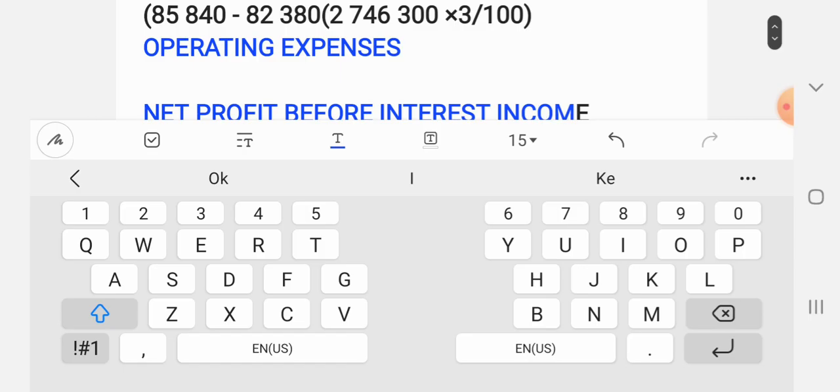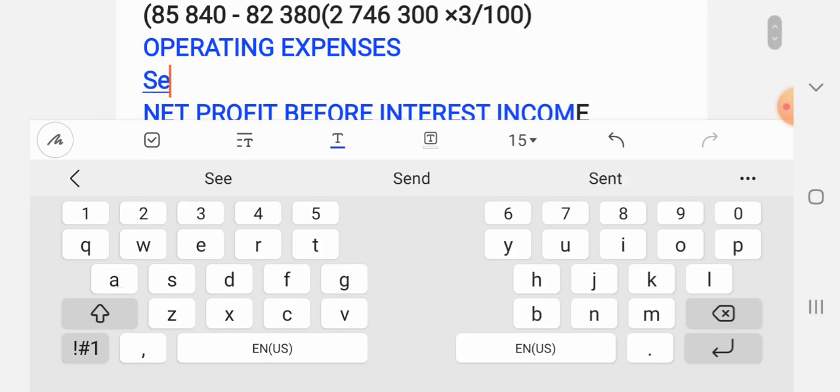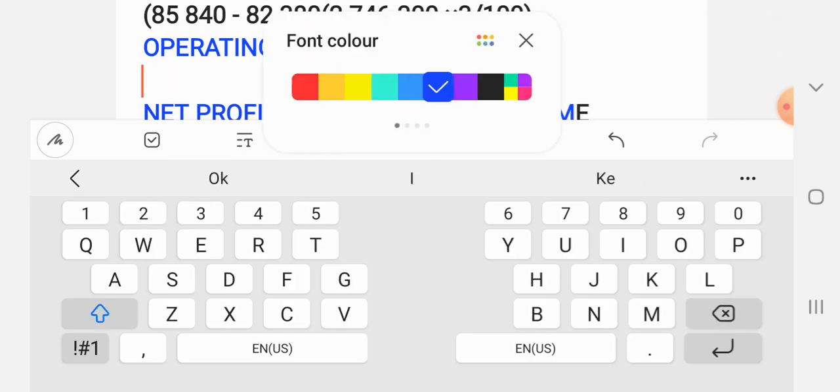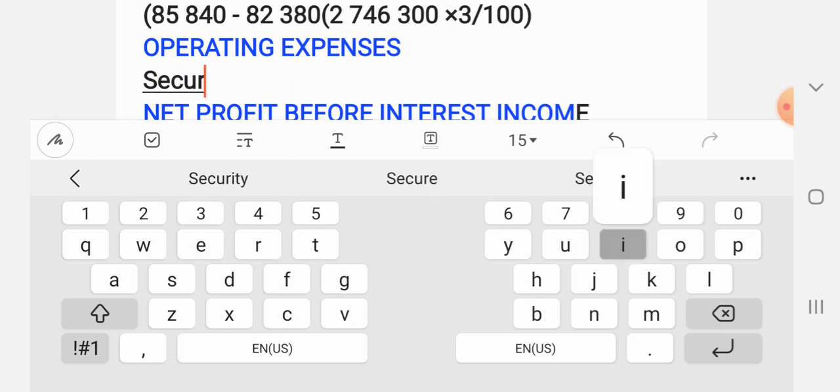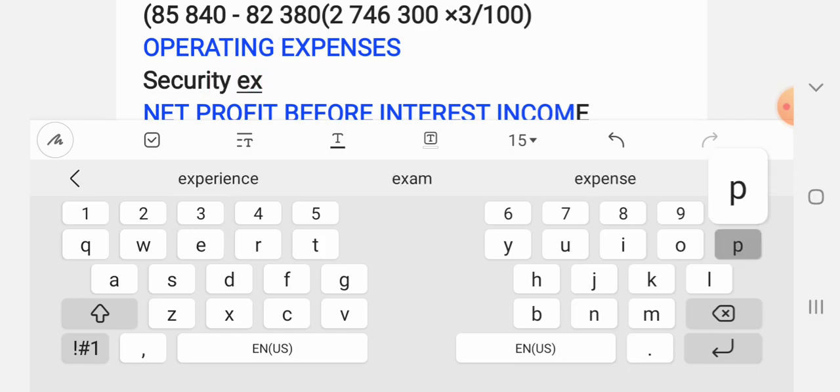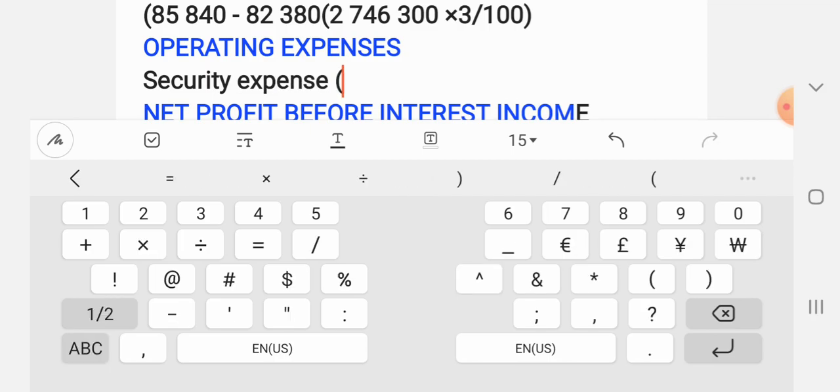That is security expense. Then we're going to have an open bracket, and then the 72,500 from the trial balance.